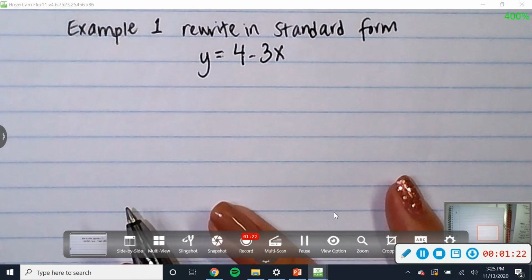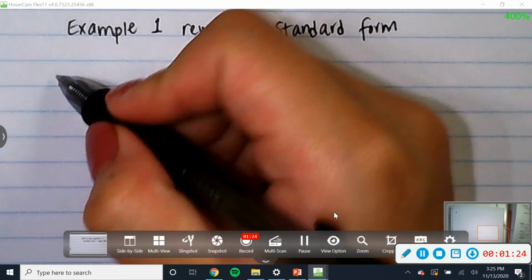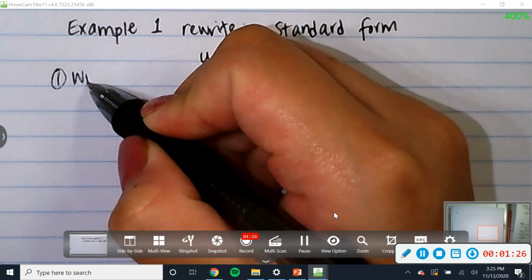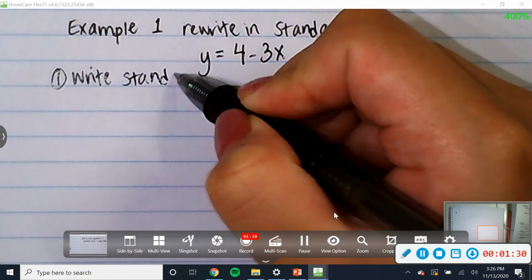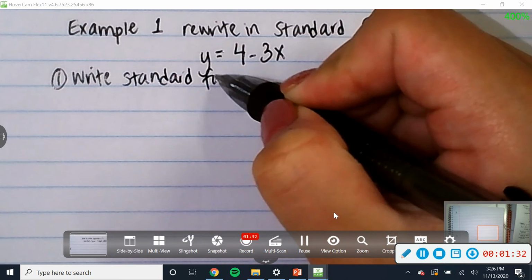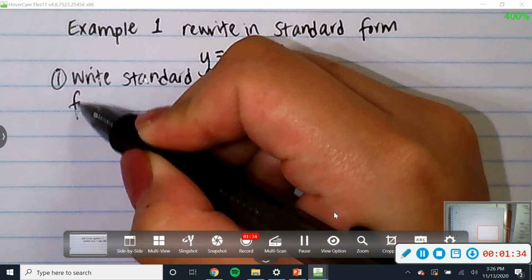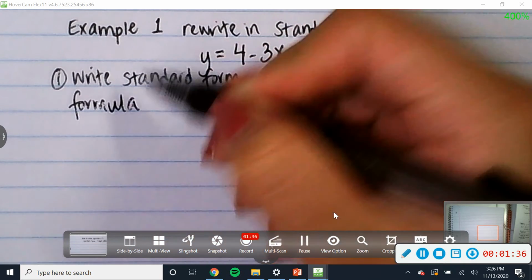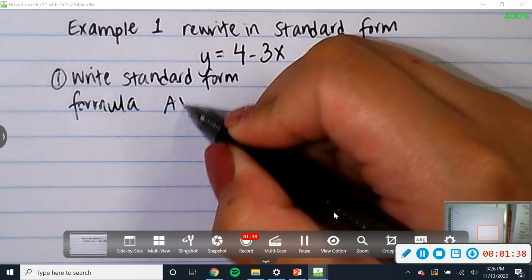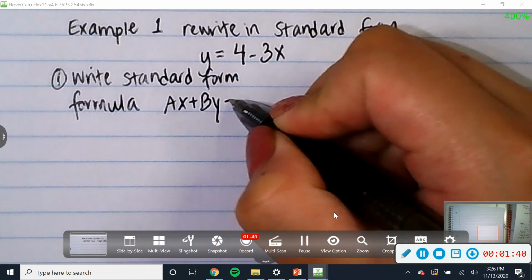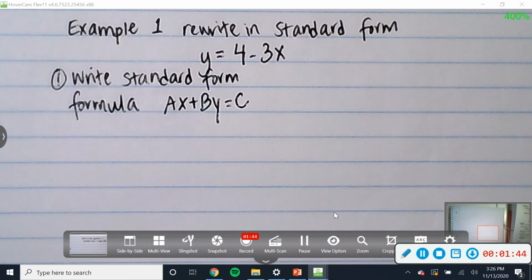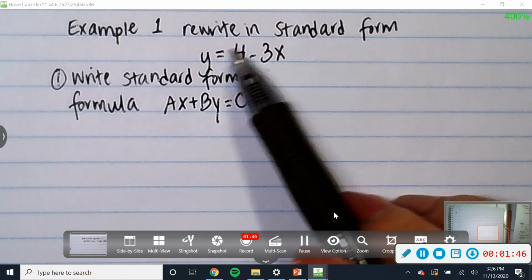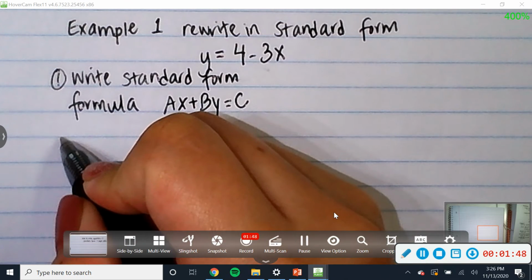The very first thing that you always need to do is make sure that you write down the formula. So write down the standard form formula, which is ax plus by equals c. This will help you not only memorize the formula, but it will also allow you to see what we need to change about this equation here.